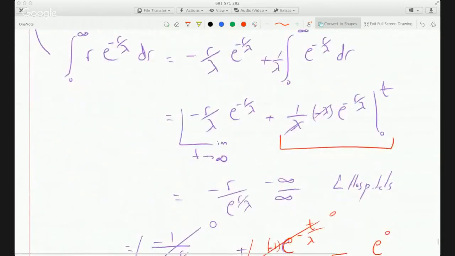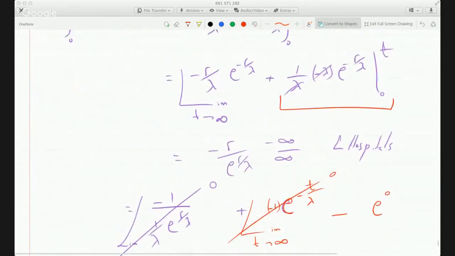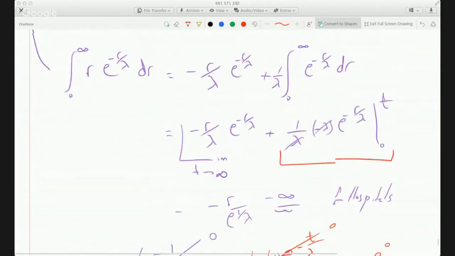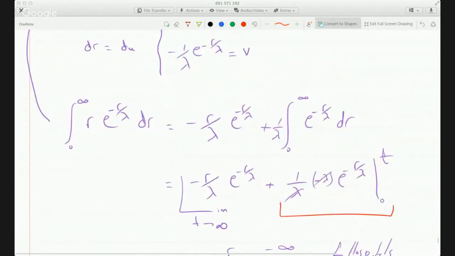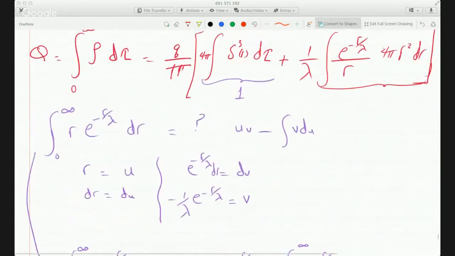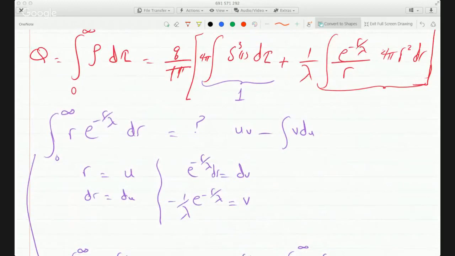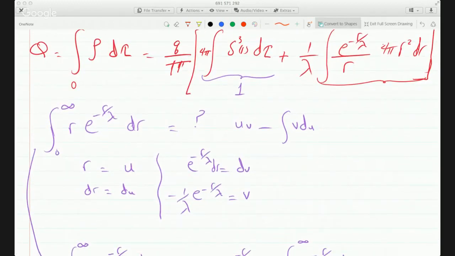Oh, wait, but this is... Still something is not right. Oh yeah, 1 over lambda.